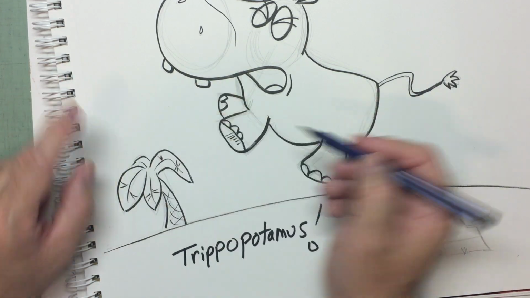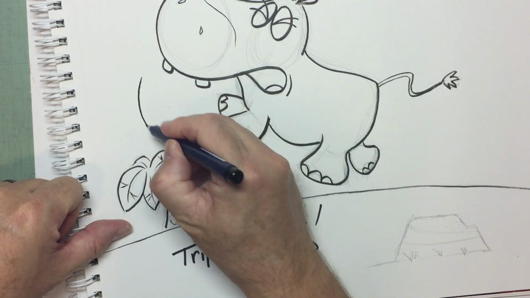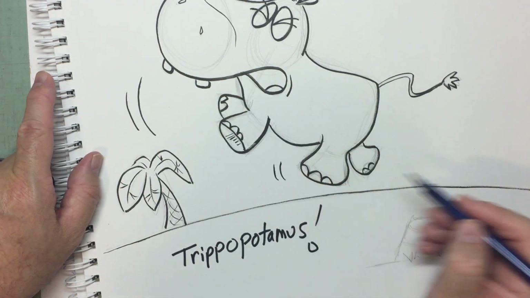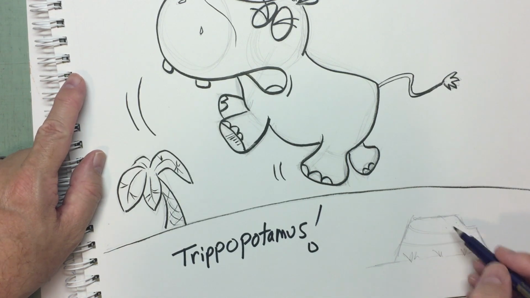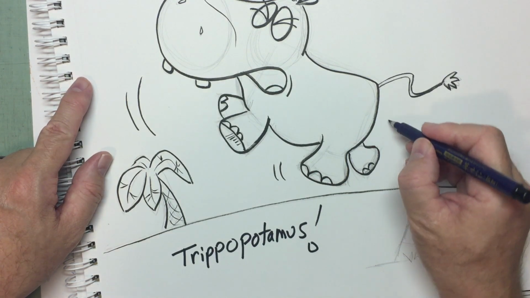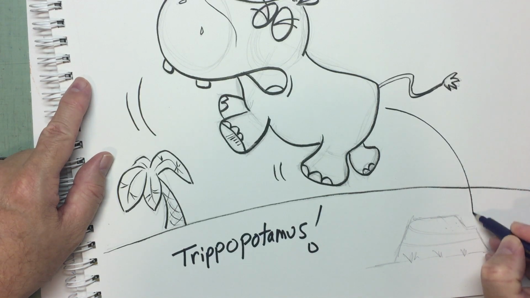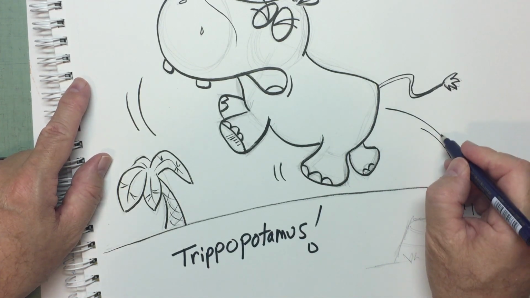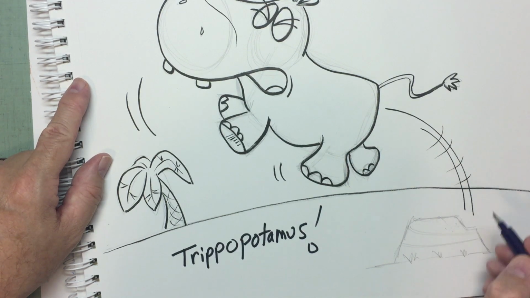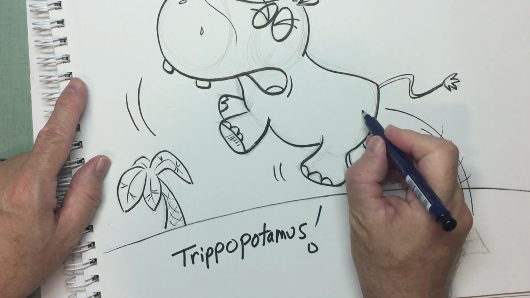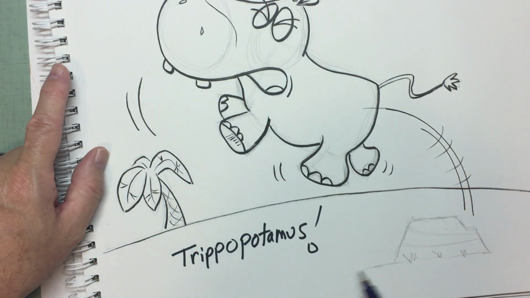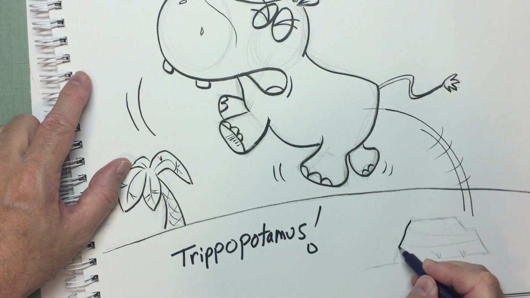All right, so he's going this way, so we need these big curved lines in front of him, maybe a couple here on the back feet. And he's come from this way because he's tripped on this. So make maybe two curved lines that start at the rock and follow him this way, right?